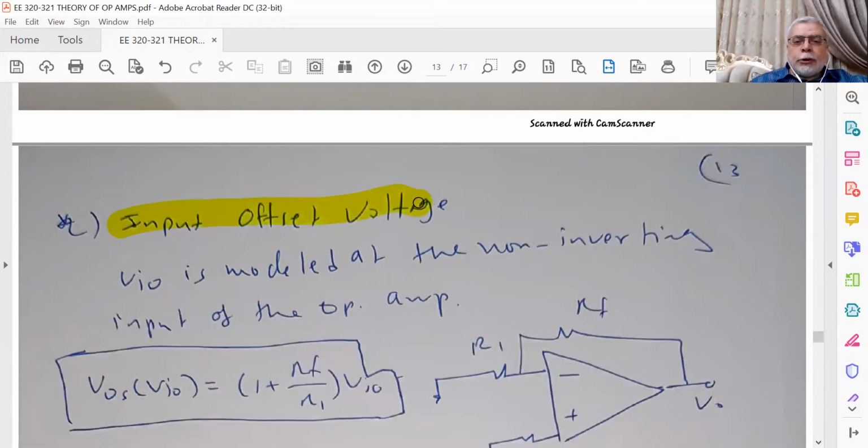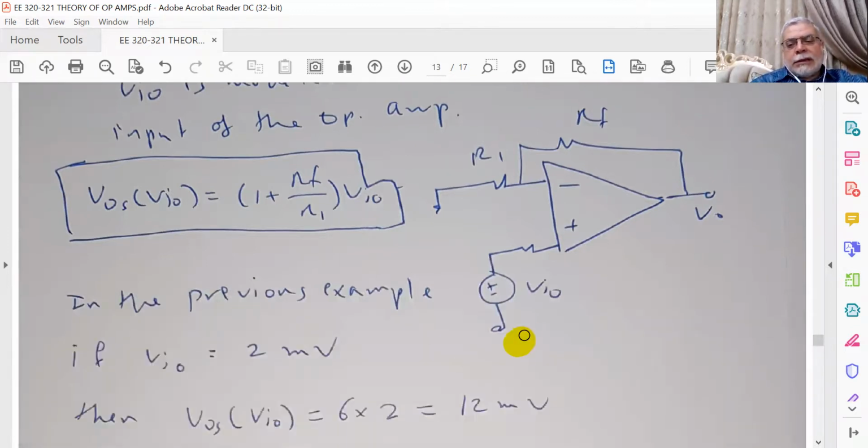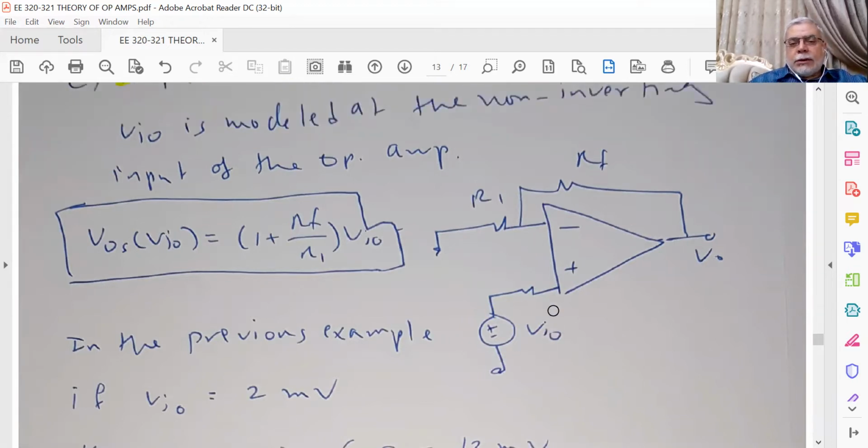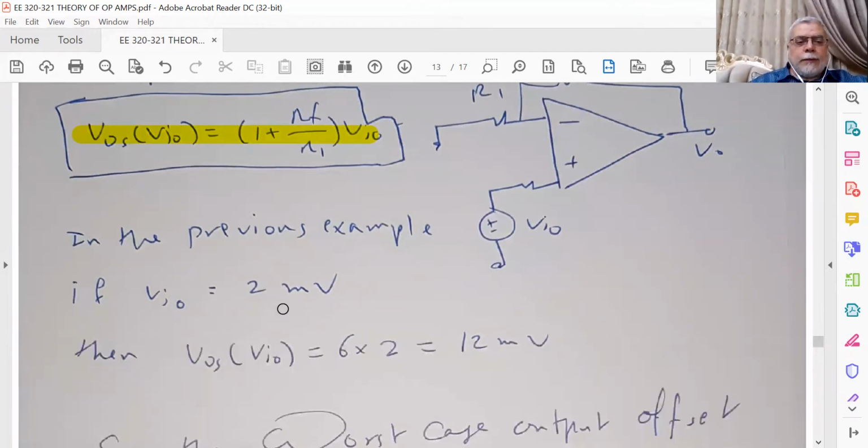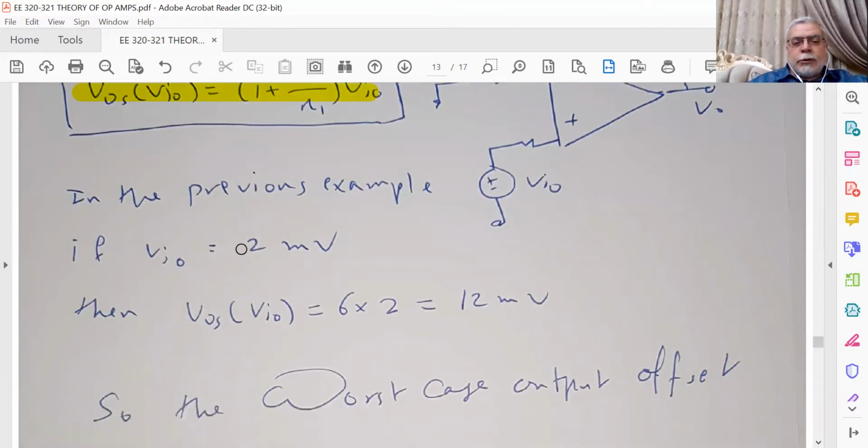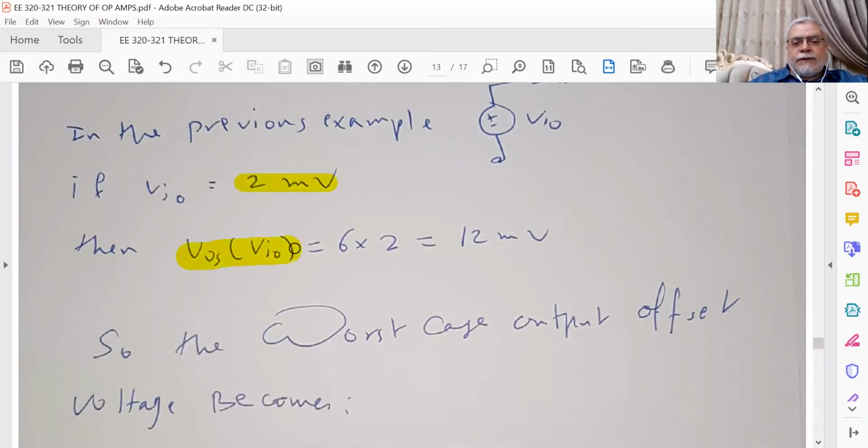Now, the input offset voltage generally is always modeled at the positive input to produce the worst possibility. So VIO is modeled at the positive input. So the output offset voltage due to VIO will be 1 plus RF divided by R1 times VIO. And using the previous example, VIO equal 2 millivolt, the V offset due to VIO equal to 12 millivolt.